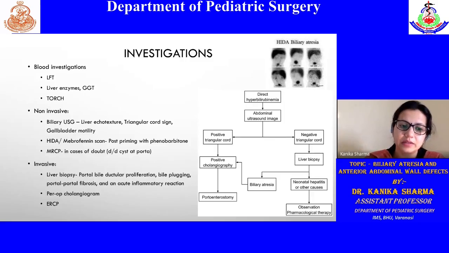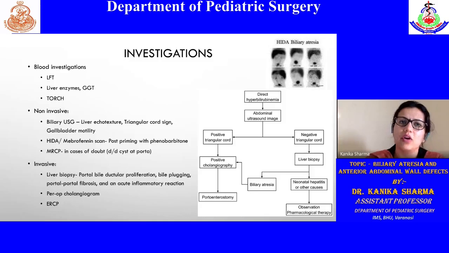The other very important tests are biliary ultrasound, HIDA, and MRCP. In the biliary ultrasound, we look at the liver echotexture and the triangular cord sign, which is there due to the fibrotic band at the porta.